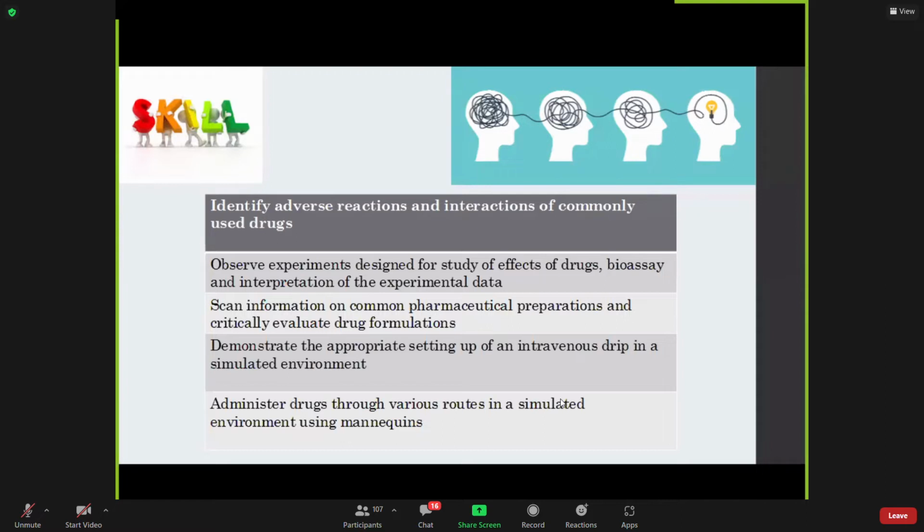So we have practicals on the basis of experimental data where there are graphs of animal experiments. You would be asked to interpret them and correlate them with theory as well. And experiments designed for the study of drugs you would be made to understand via computer assisted learning.